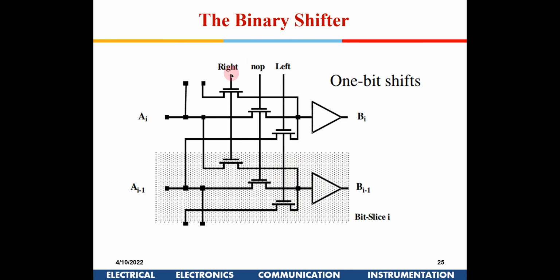Similarly if I have a right shift signal going high, this transistor will be switched on. So AI plus 1 will come here to BI, and since this right is operated, AI will get routed towards BI minus 1. So this is how by using pass transistors we can do the shifting operations, right?